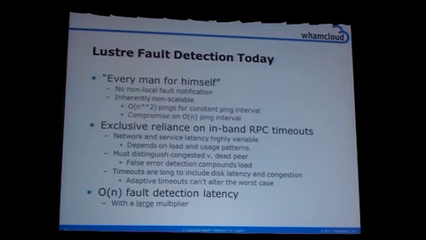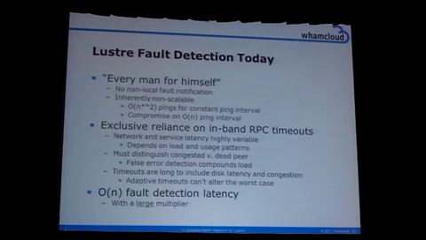Now, what that means when you've put all of your eggs into the timing out RPCs basket is that to distinguish a dead versus a congested server, you have to have really long timeouts.